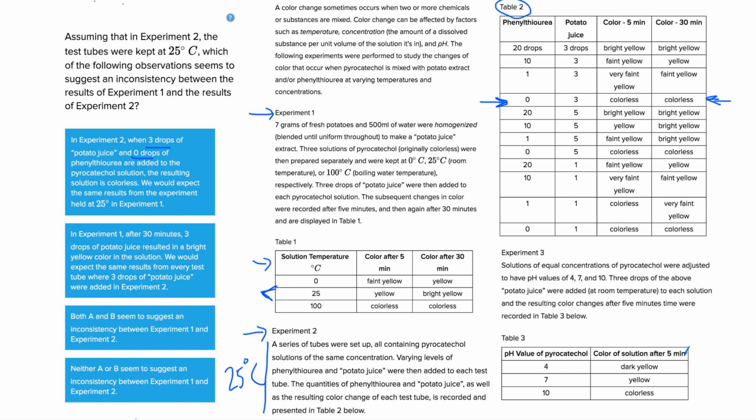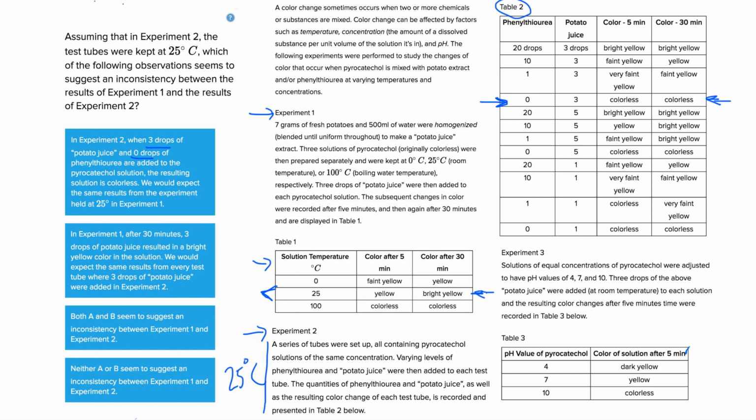We would expect the same results from the experiment held at 25 degrees Celsius in experiment 1. So it's basically saying, well, it's colorless here, it's yellow and bright yellow here, and we would expect those to be the same. I'm not sure if we'd expect them to be the same because I don't know if the 3 drops of potato juice and 0 drops of phenolphthalein is what was added in experiment 1.